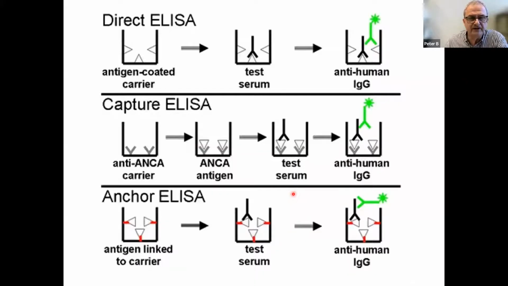And there are different methods. Direct ELISA is the most common method. As a second choice we have capture ELISA, which may be more sensitive in some cases at least. And then there's another method, anchor ELISA. I have no experience with that.